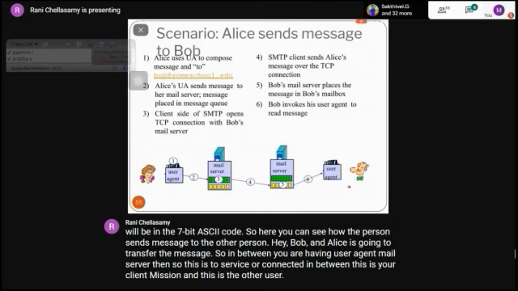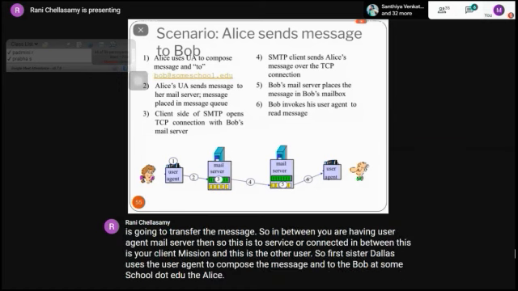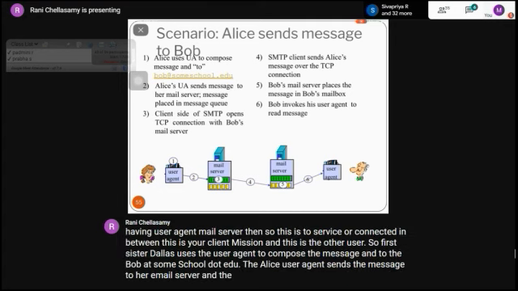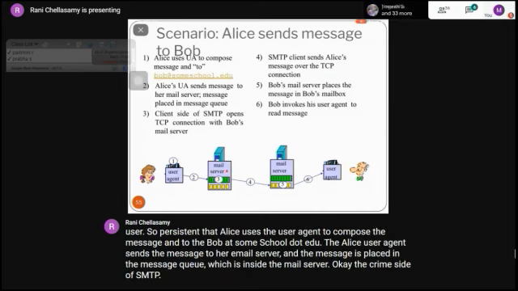So first, Alice uses the user agent to compose the message to bob at someschool.edu. Alice's user agent sends the message to her mail server, and the message is placed in the message queue, which is inside the mail server. The client side of SMTP opens a TCP connection with Bob's mail server.